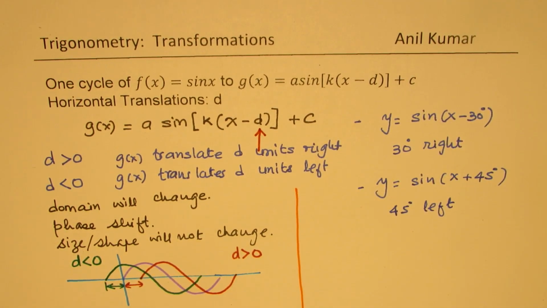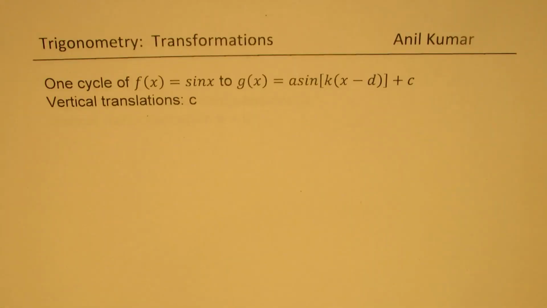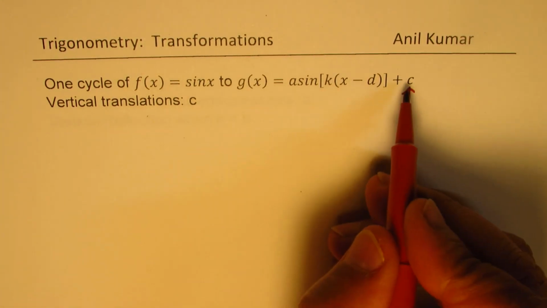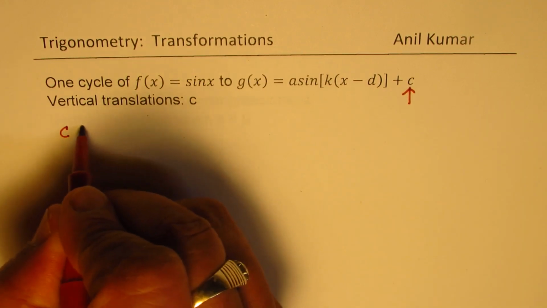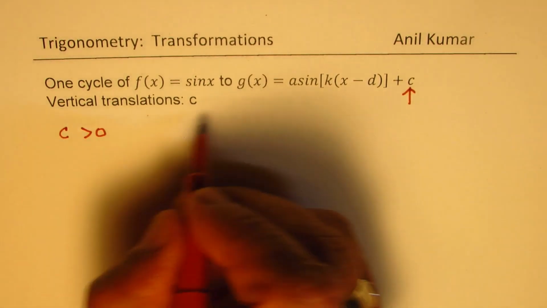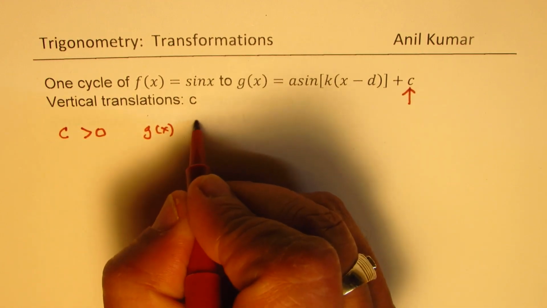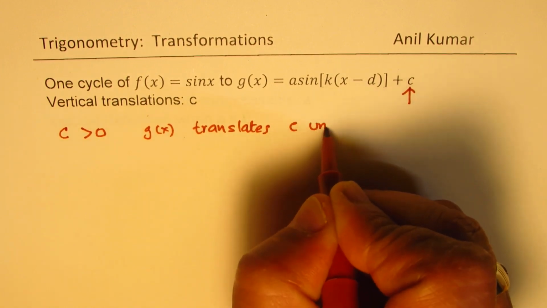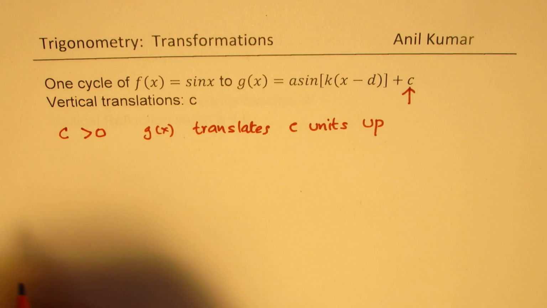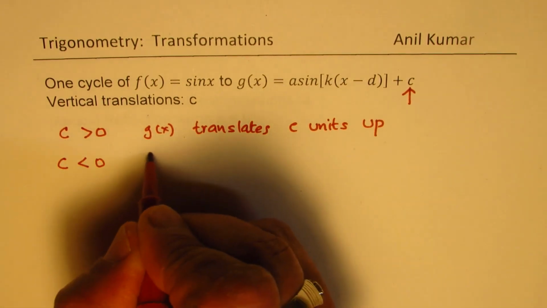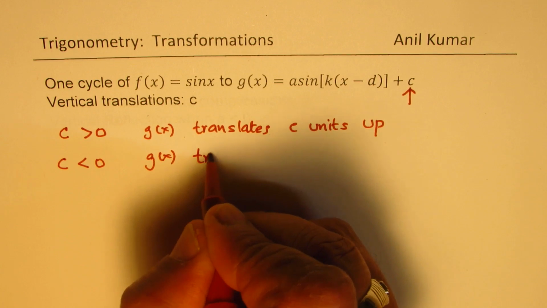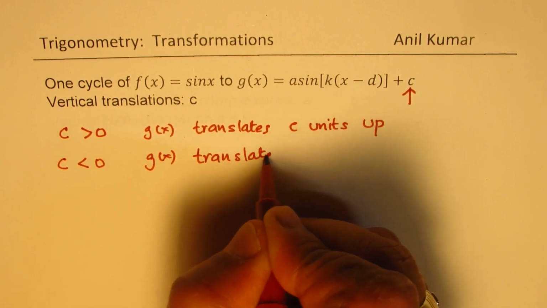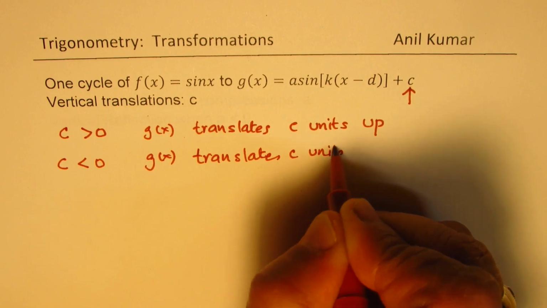Perfect. Now let's see which parameter changes when we are looking into vertical translation. The vertical translation is because of the parameter c. So if c is greater than 0, g of x translates c units upwards. And if c is less than 0, g of x translates c units down.